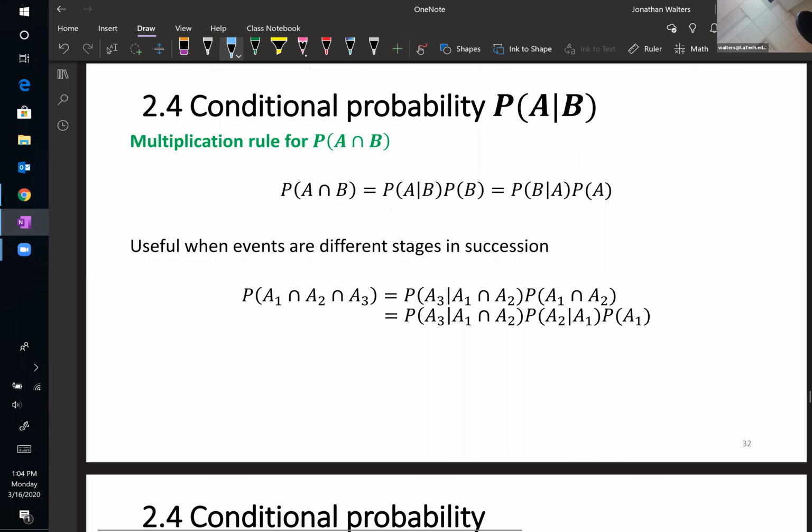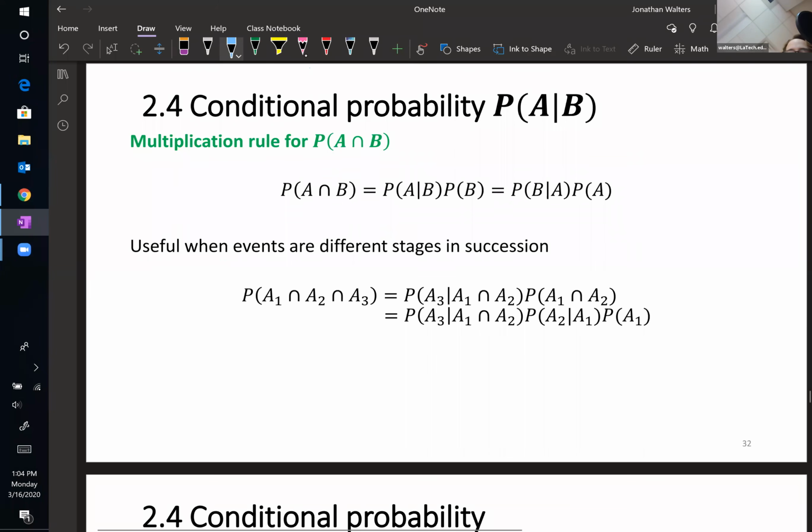So when you start to get multiple events, not just 2, but maybe 3, 4, however many events, it can be really useful to rewrite your intersections as conditional probabilities. So basically this would be probability of A1 intersect A2 intersect A3. You could rewrite that as probability of A3 given A2 intersect A1.